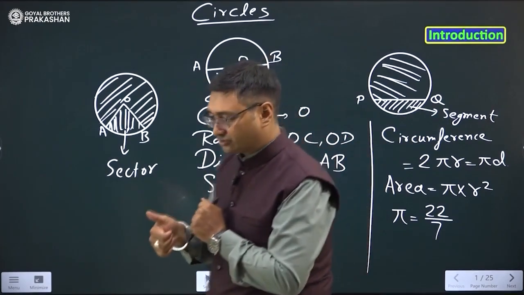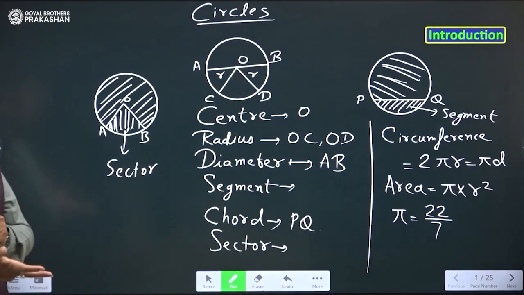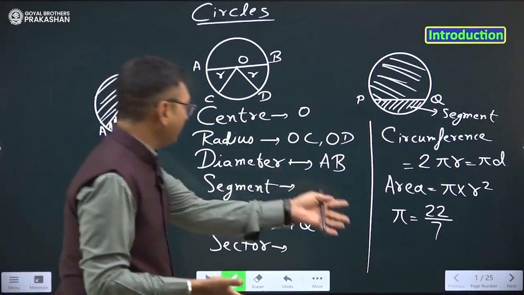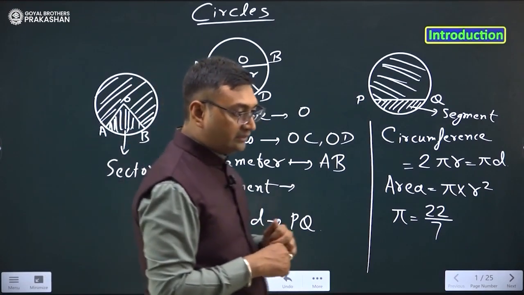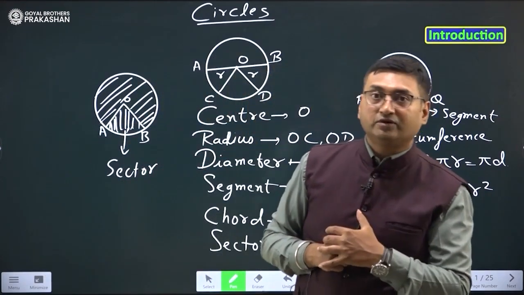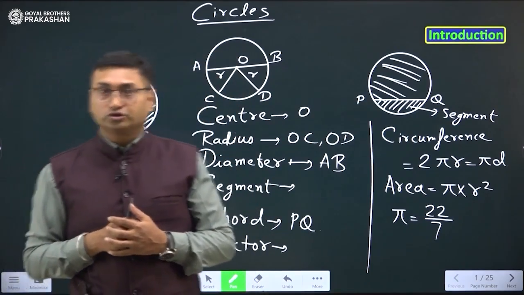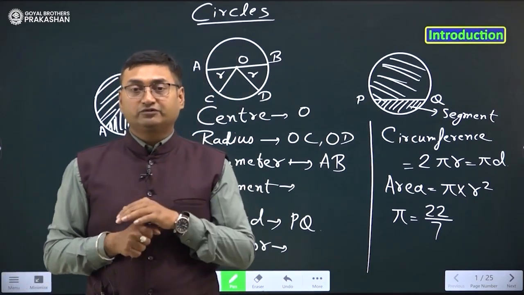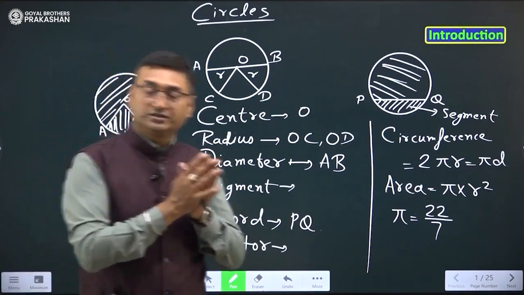So I hope you understood what is center of the circle, radius, diameter, circumference, area, chord. And while talking about chord, many students ask me, is diameter also a chord? Yes, diameter is also a chord which is passing through the center of the circle, and we can say diameter is the largest chord of the given circle.